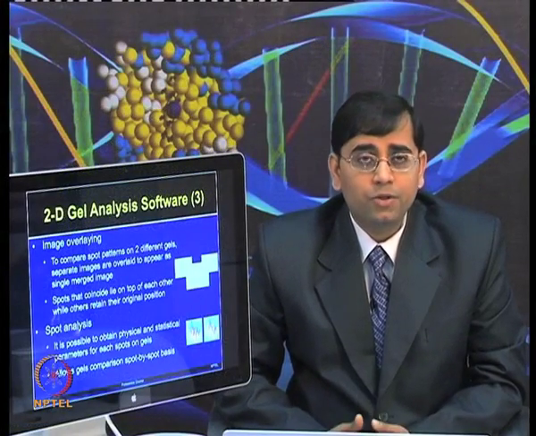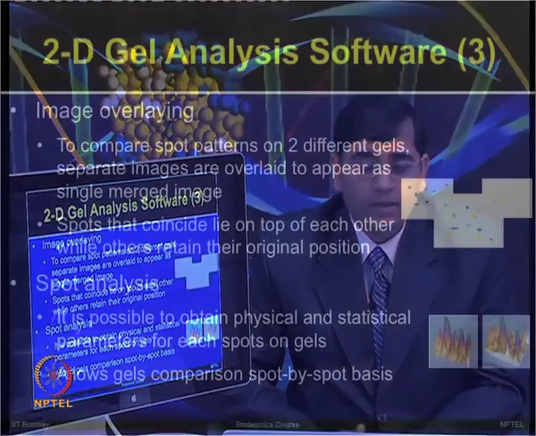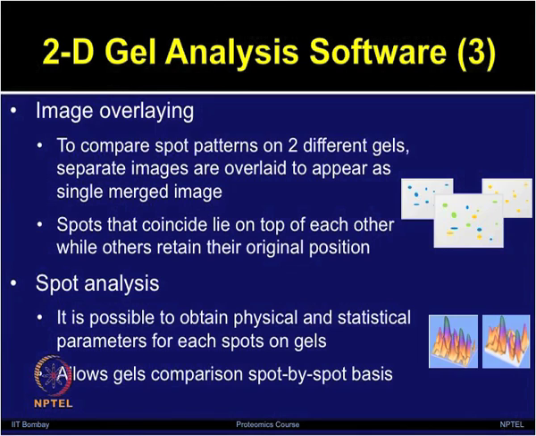Then you would like to do the spot analysis, where you can obtain physical and statistical parameters for each spot present on the gel. You can look at the three-dimensional views of each spot, how they differ from the control to the treatments, and then you can compare the gels on a spot by spot basis.